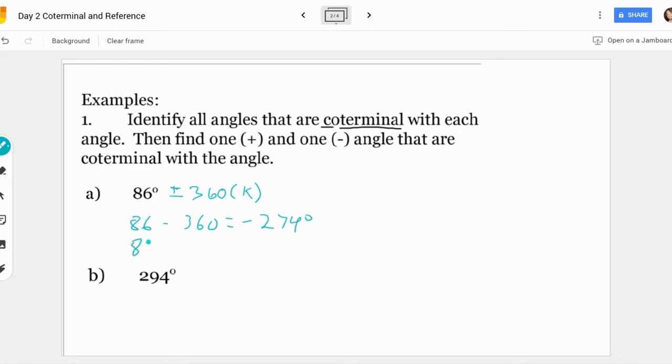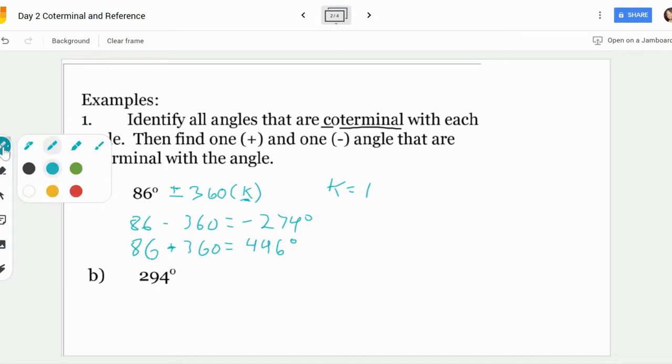Or if I added, and this is just saying I'm using k as 1, 86 plus 360 this time, and you get 446. So that's coterminal.